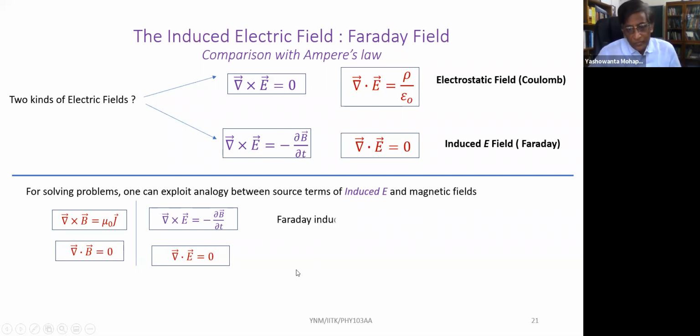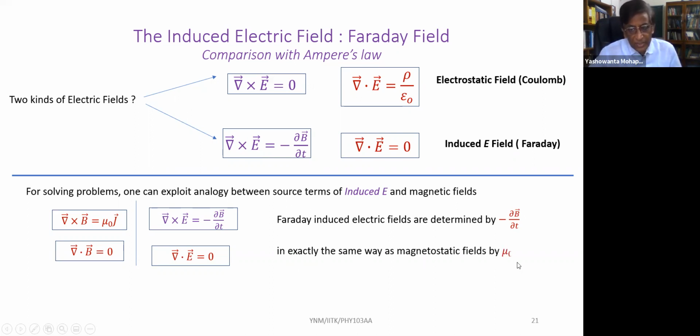So Faraday-induced electric fields are determined by minus del B by del T in exactly the same way as magnetostatic fields by mu naught J. That is a formal equivalence.